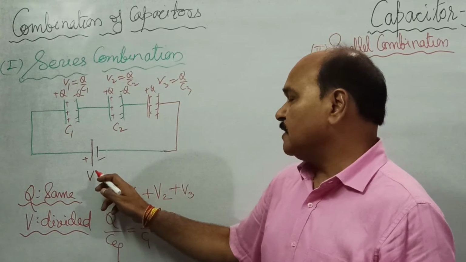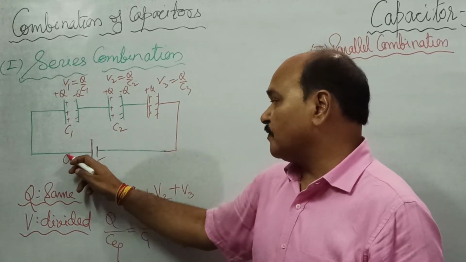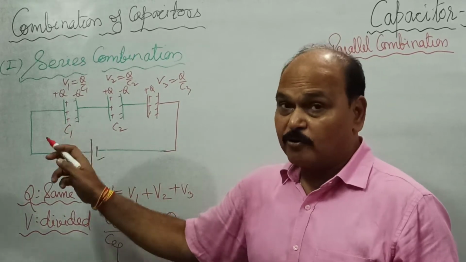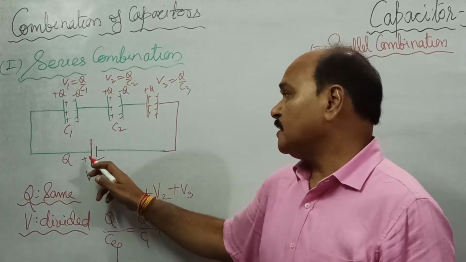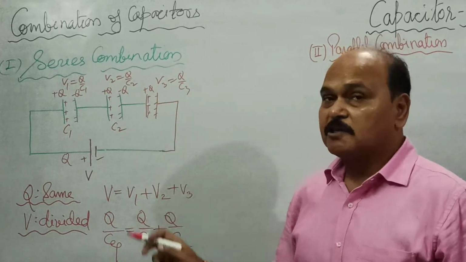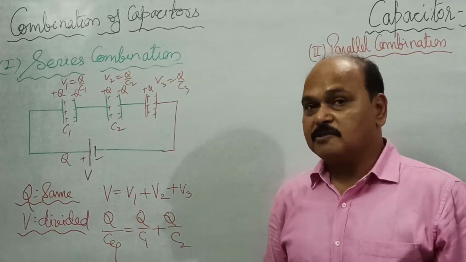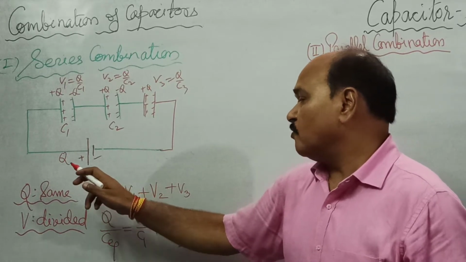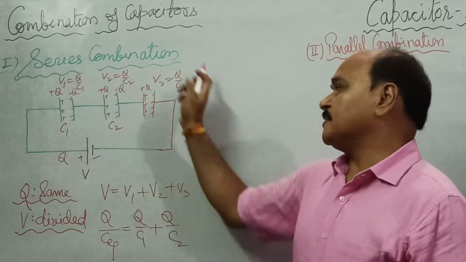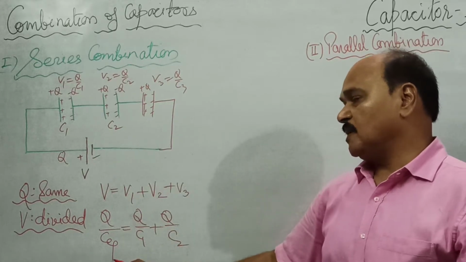Overall potential is V, and if Q charge is drawn from the cell, see this charge, you cannot make an arrow for the charge. Well, if Q charge is drawn from the battery, the same value of charge stays over each and every plate of the capacitors connected in series. So V, overall voltage, is what? Overall charge upon overall capacitance, and that overall capacitance is equivalent capacitance.